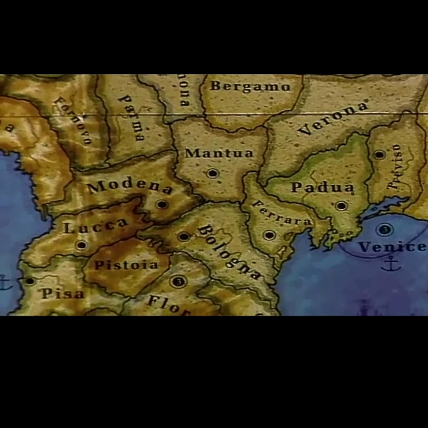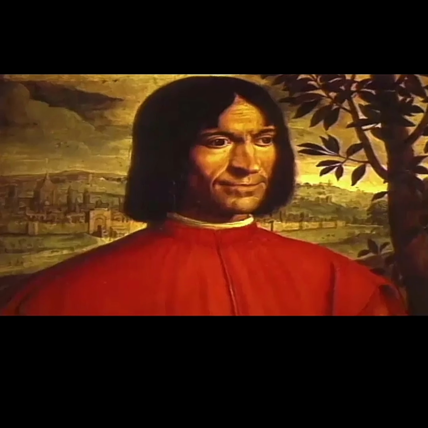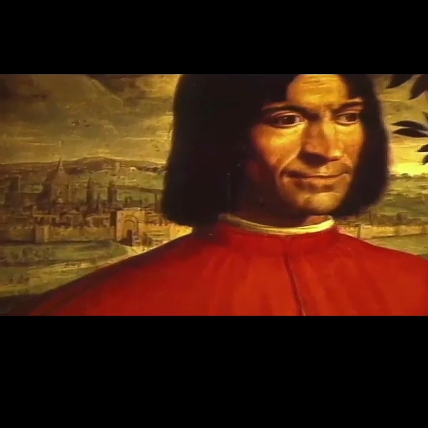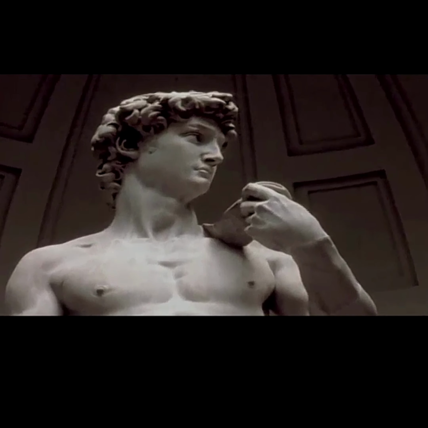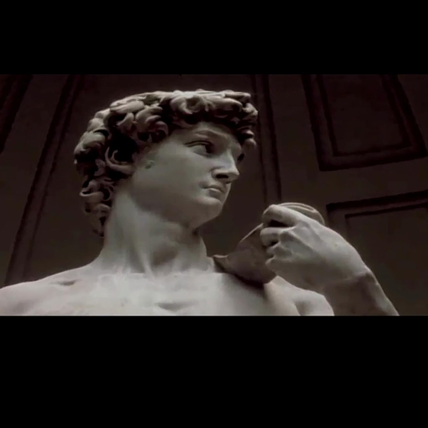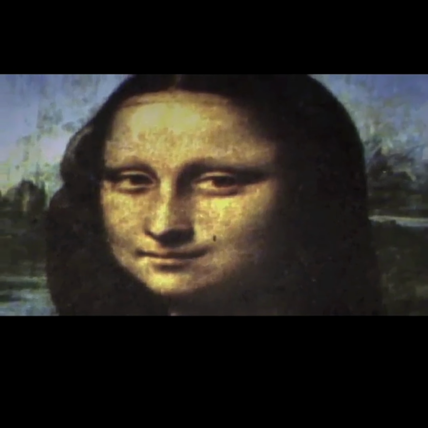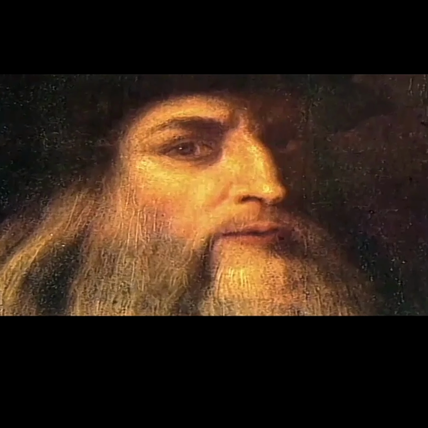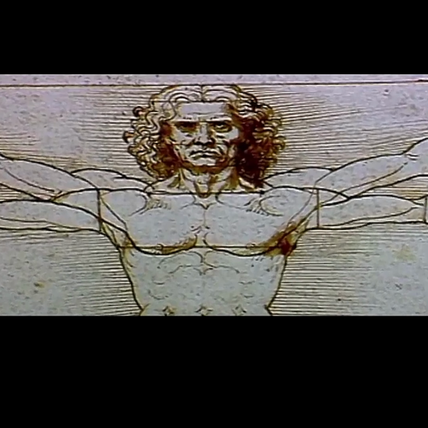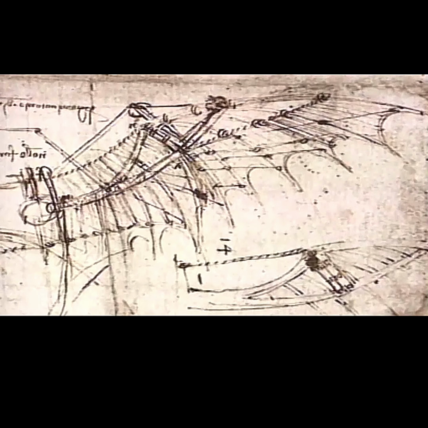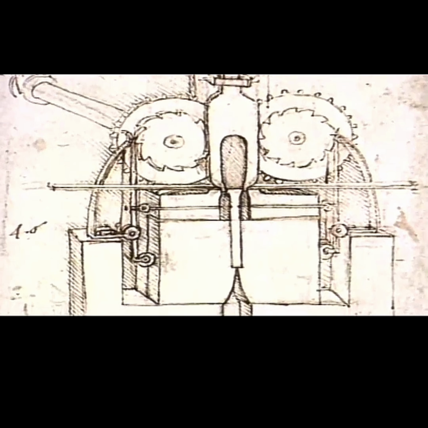The Renaissance began in Italy. There, rich families like the Medicis gave large amounts of money to artists. This created an explosion of art. It produced some of the world's most famous artworks by the world's most famous artists. Renaissance artists wanted their art to be as realistic as possible. Science helped them do it.